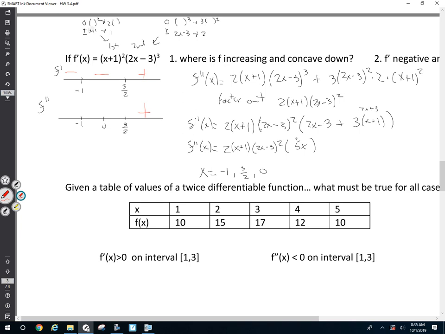Plug in 1. Positive, positive, positive, positive. Plug in -1/2. Negative, positive, positive, positive. So negative, positive, positive, positive is going to have a negative. Plug in -2. Negative, this is a positive. This is now a negative. This is a positive. So positive, negative, positive, negative. It's 2 negatives, 2 positives, positive.